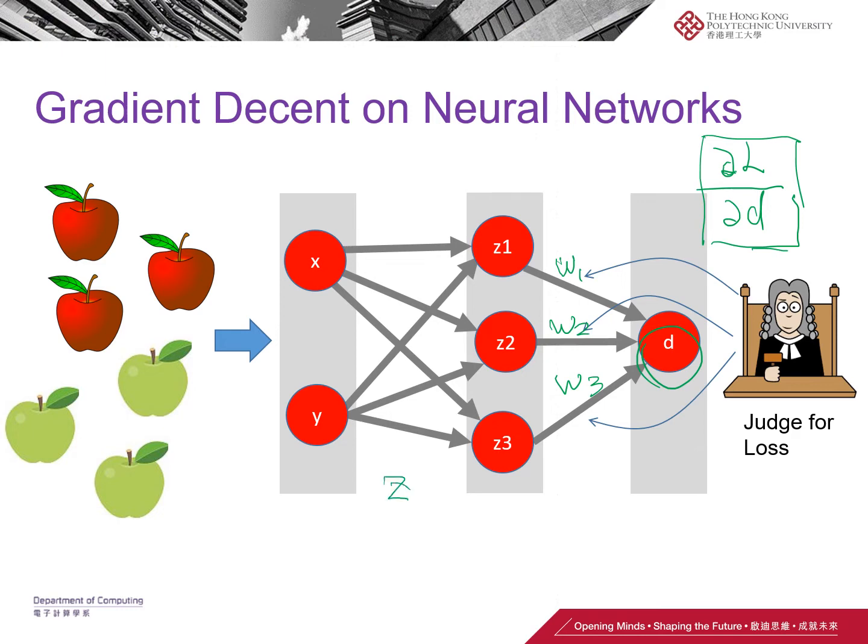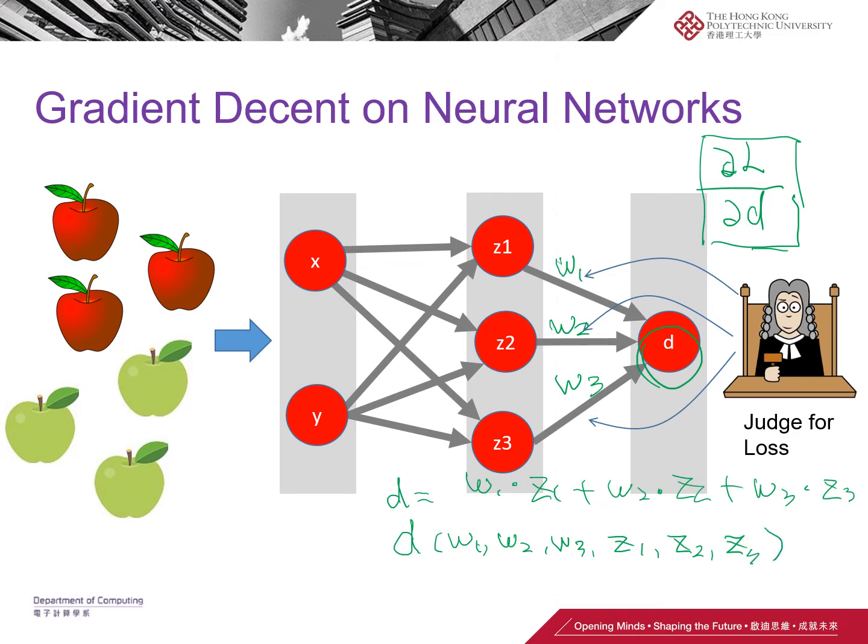In that case, D equals W1 multiplied by Z1, plus W2 multiplied by Z2, plus W3 multiplied by Z3. That is to say, D is actually a function of those W and Z. And it's actually a linear function, the easiest one.